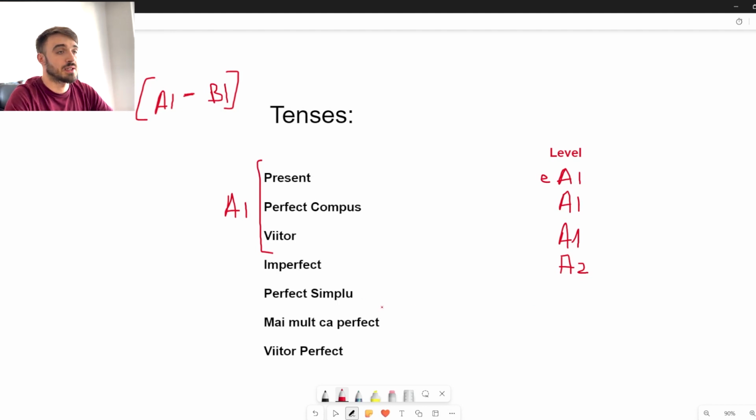People speak it a lot, and it's very common to find it in written and spoken form. So I would really suggest, after you have a medium understanding of present, past and future, go and learn the imperfect. It will really help you.